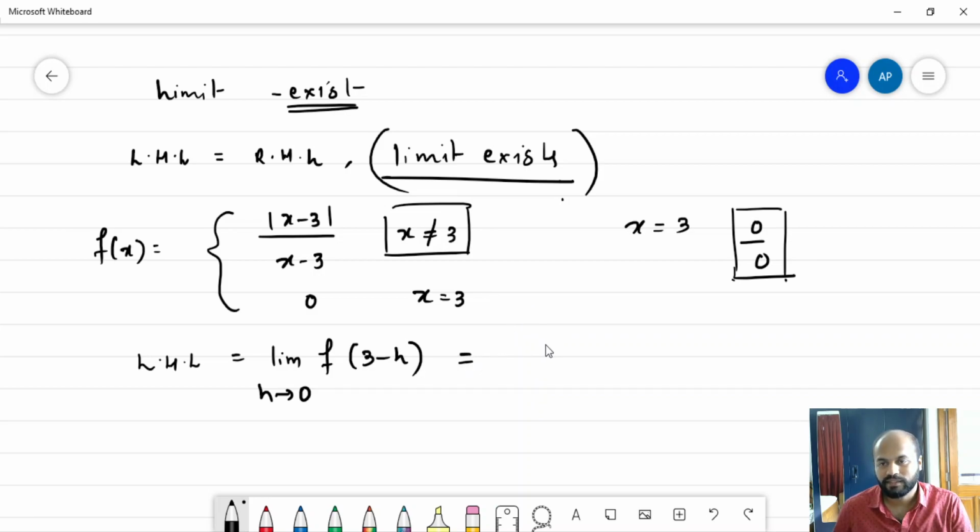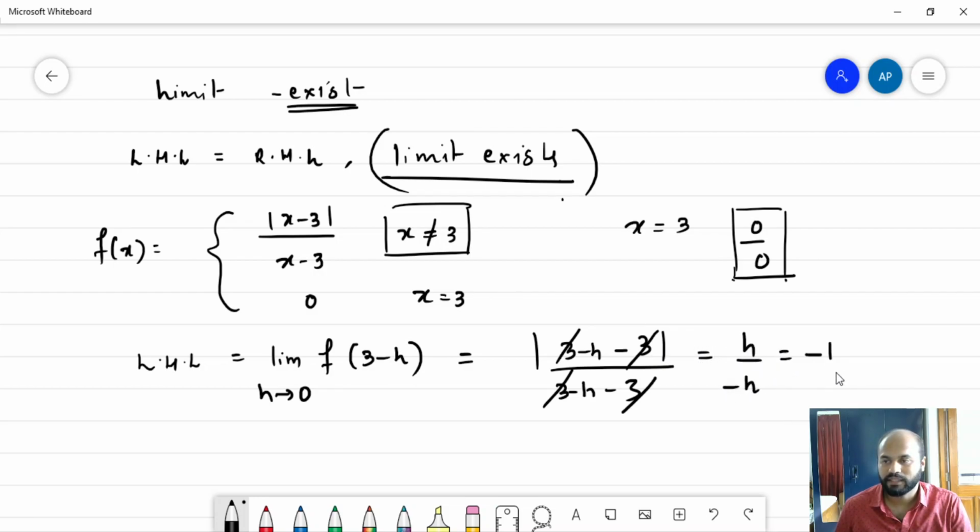So f of 3 minus h is going to be mod of 3 minus h minus 3 divided by 3 minus h minus 3. You can clearly see that 3 and 3 will go, 3 and 3 will go. But on top we have mod of minus h. And you know that modulus of anything inside is always going to come out as positive. So h by minus h is minus 1. Now let us see RHL.